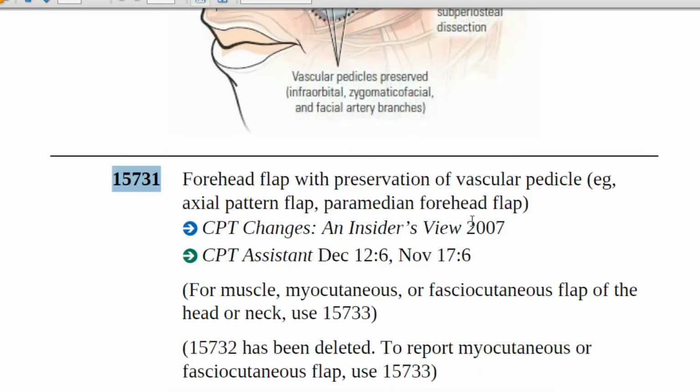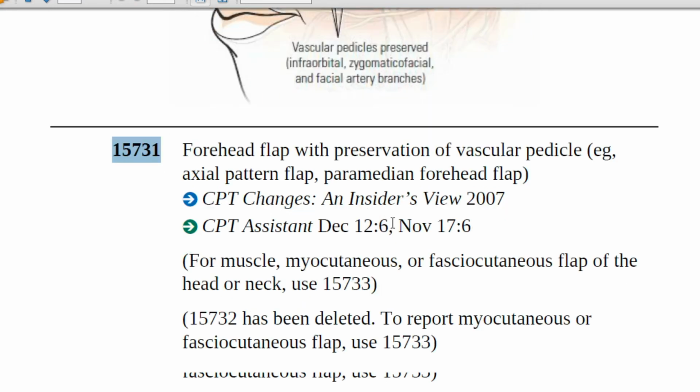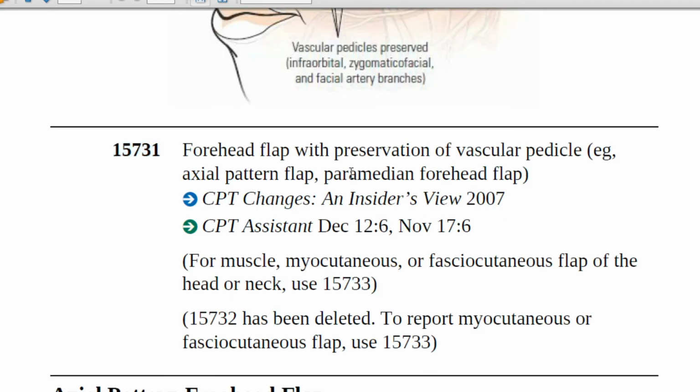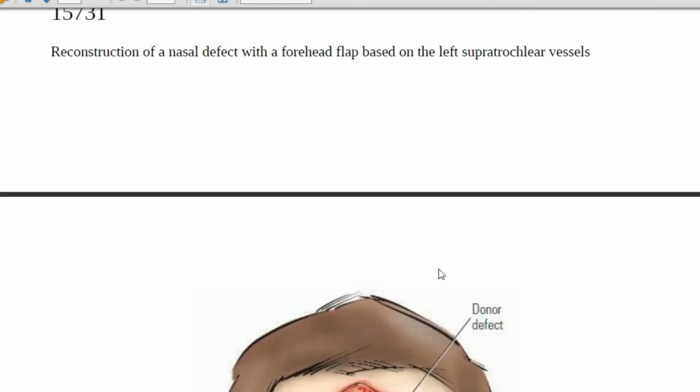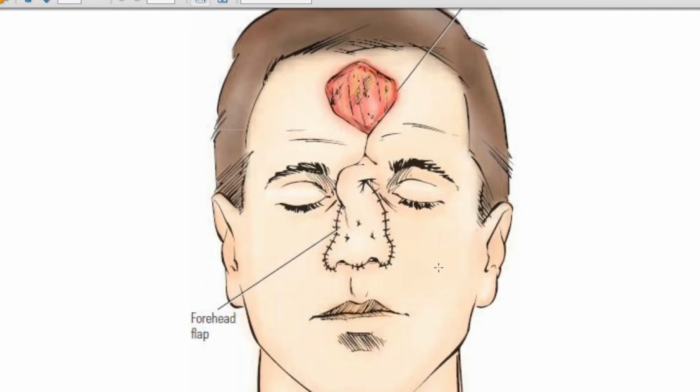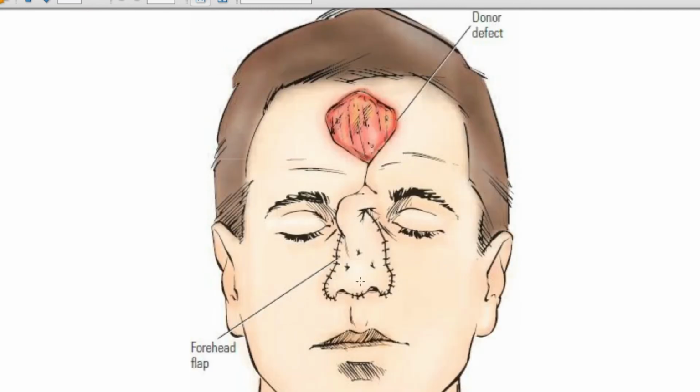And the next code is 15731. The description of this code is forehead flap with preservation of vascular pedicle. Example: axial pattern flap, paramedian forehead flap. For example, if the patient is coming with an injury or open wound on the nose, then for this kind of condition the provider uses ultrasound and identifies the exact location of the supratrochlear vessel, which supplies blood to the front part of the scalp.